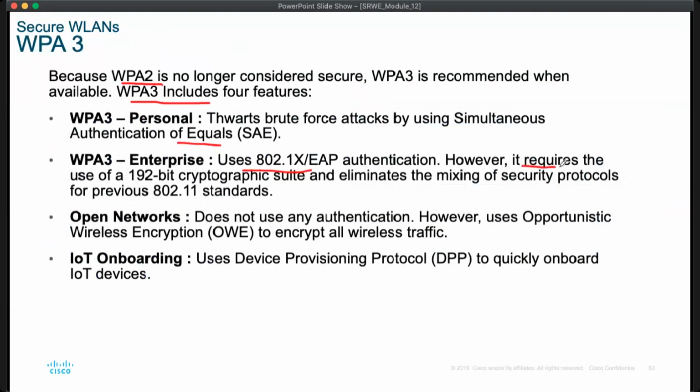However, it requires the use of a 192-bit cryptographic suite and eliminates the mixing of security protocols from previous 802.11 standards. Next, open networks do not use any authentication, however they use Opportunistic Wireless Encryption, OWE, to encrypt all wireless traffic. And for IoT onboarding, it uses the Device Provisioning Protocol, DPP, to quickly onboard IoT devices.